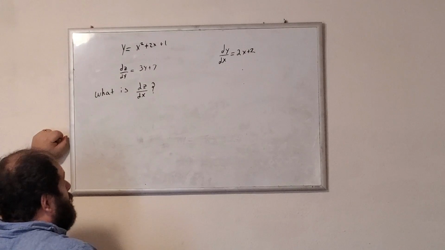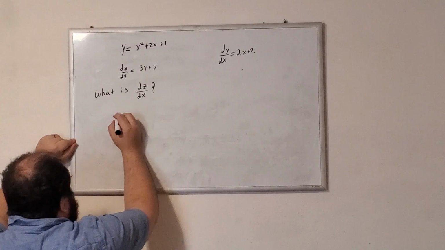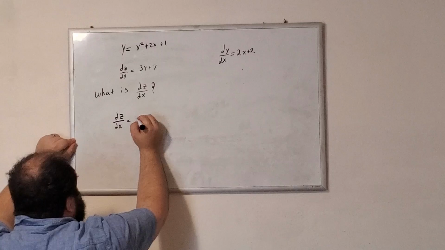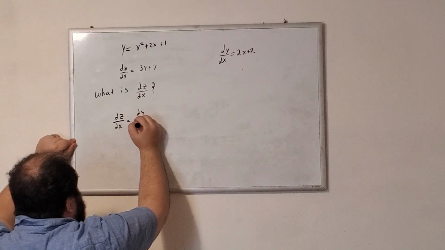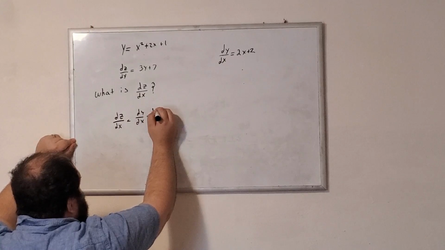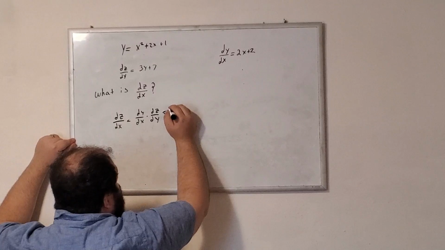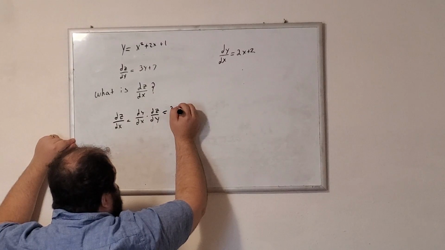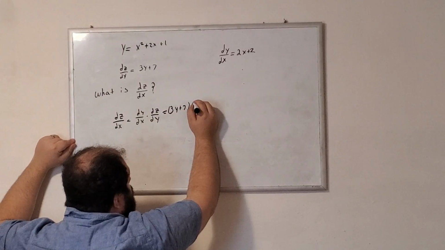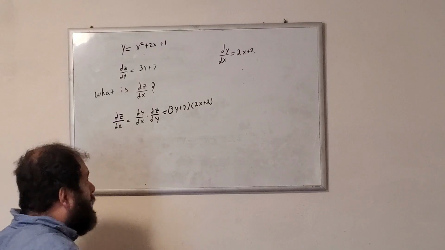And then we multiply these pieces together. So then we know dz by dx equals dy by dx times dz by dy, which is equal to (3y plus 7) times (2x plus 2).